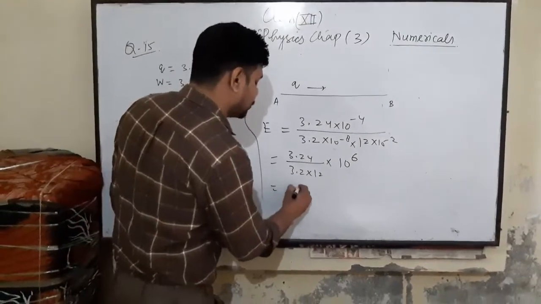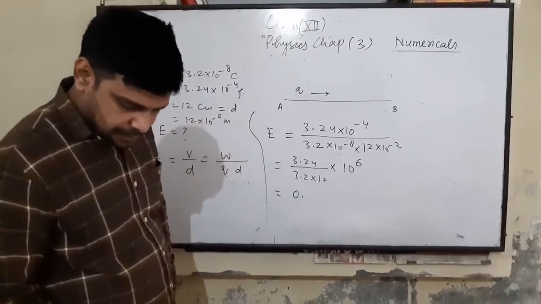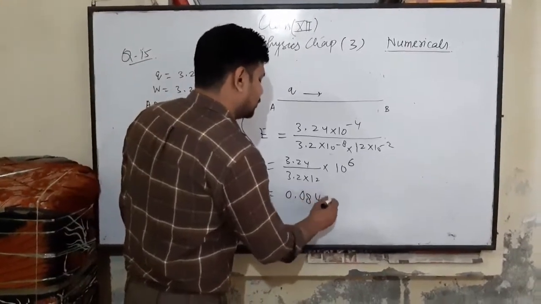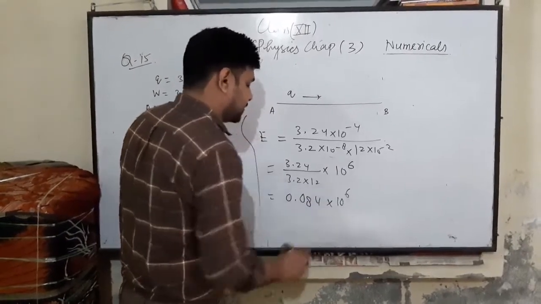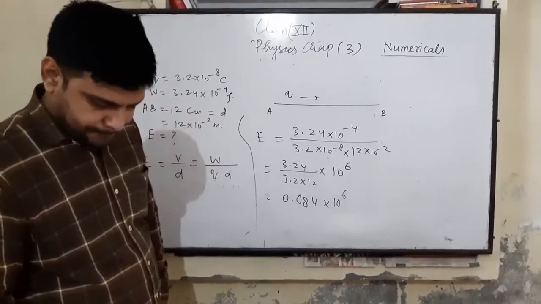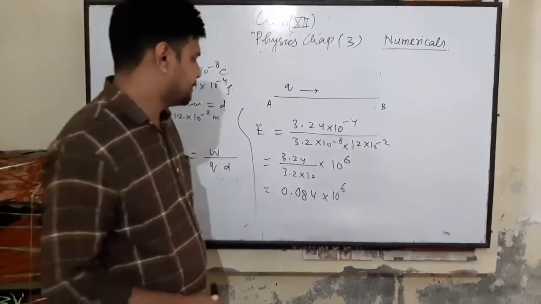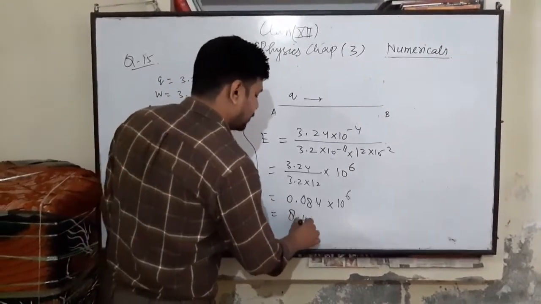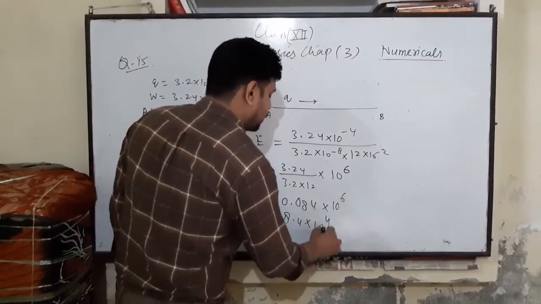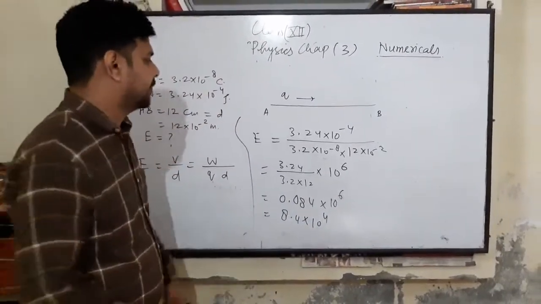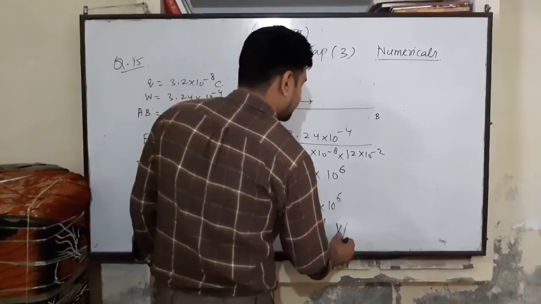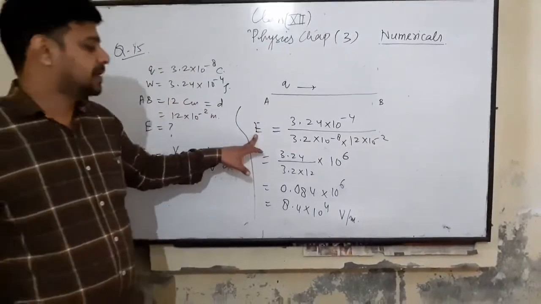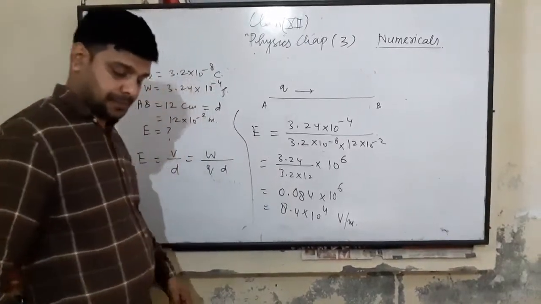This is 0.084 into 10 to the power 6, or 8.4 into 10 to the power 4, approximately 9 into 10 to the power 4 volt per meter. This is another unit of intensity of electric field, volt per meter.